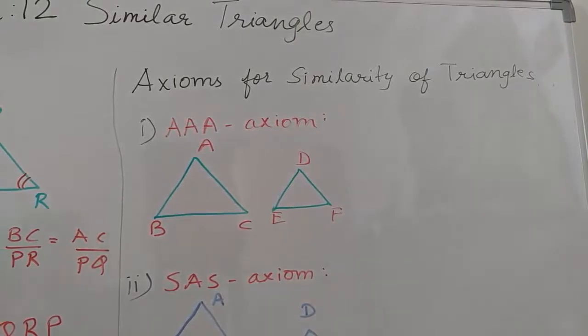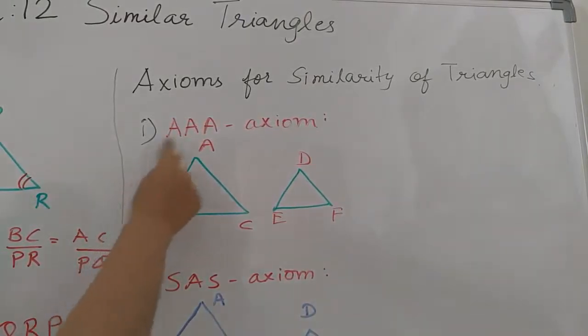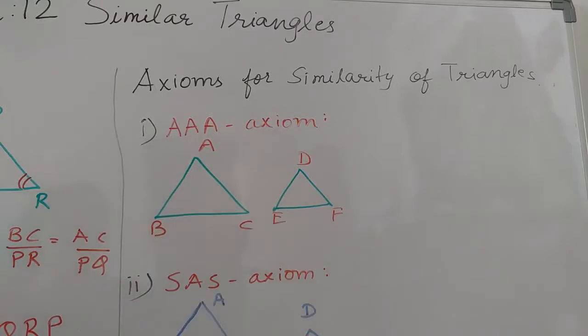similarity of triangle. So let us see the first one, that is the AAA axiom of similarity. In this, I have drawn two triangles. One is triangle ABC, other is triangle DEF. So their sizes are different.